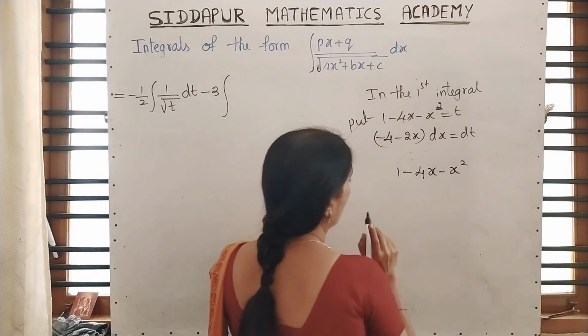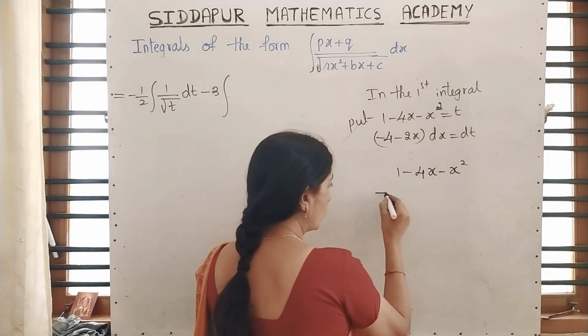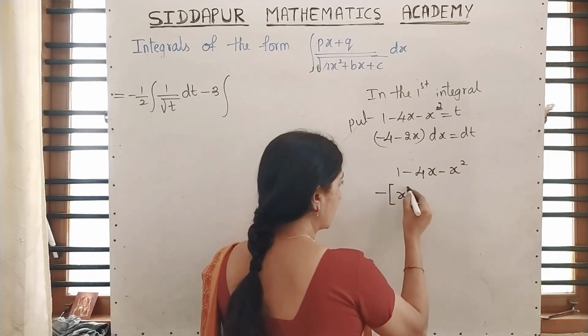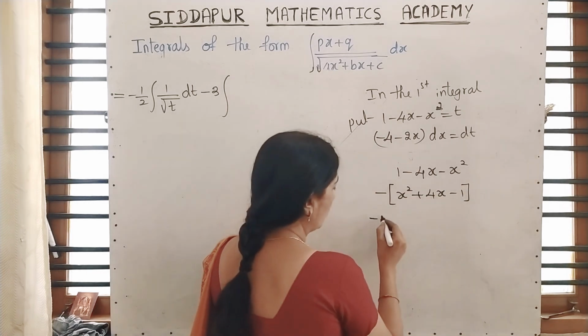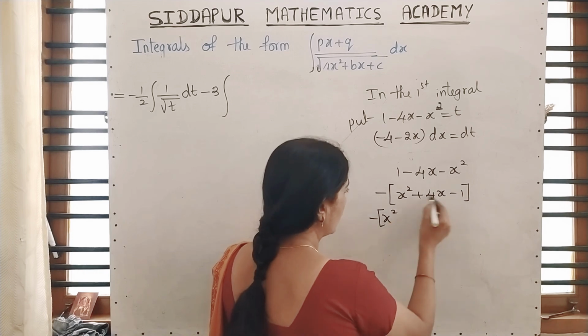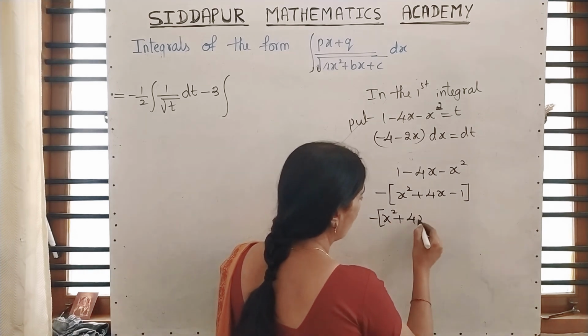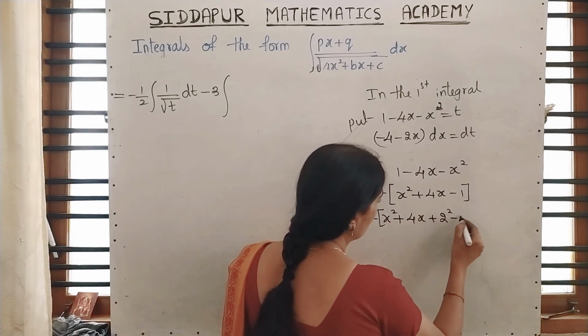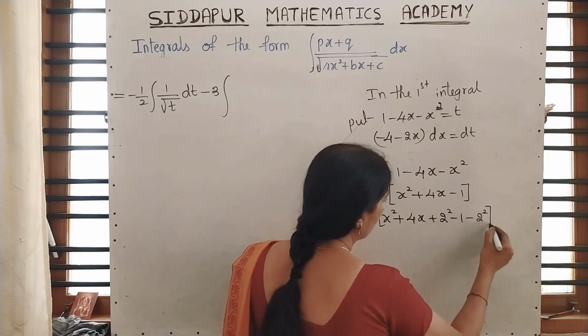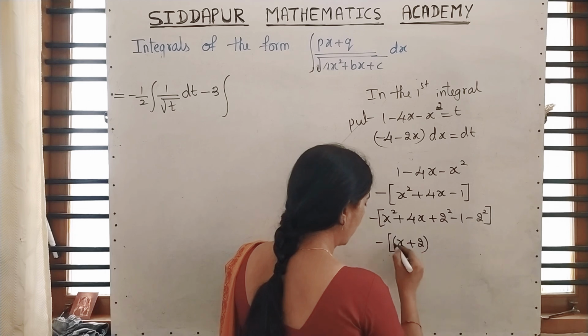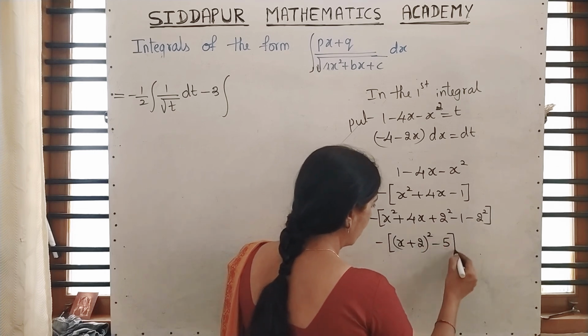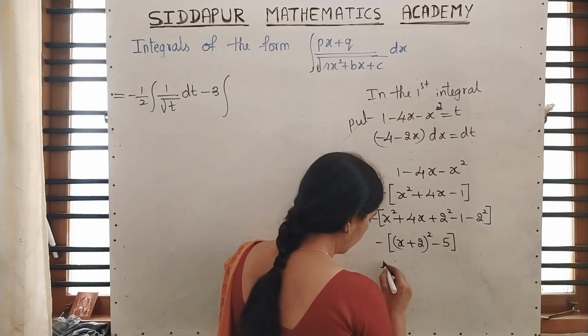Already you are familiar. x square coefficient should be plus 1. Now, what is x coefficient? It is 4. Half of that is 2. x plus 2 whole square minus 5. I took minus inside.